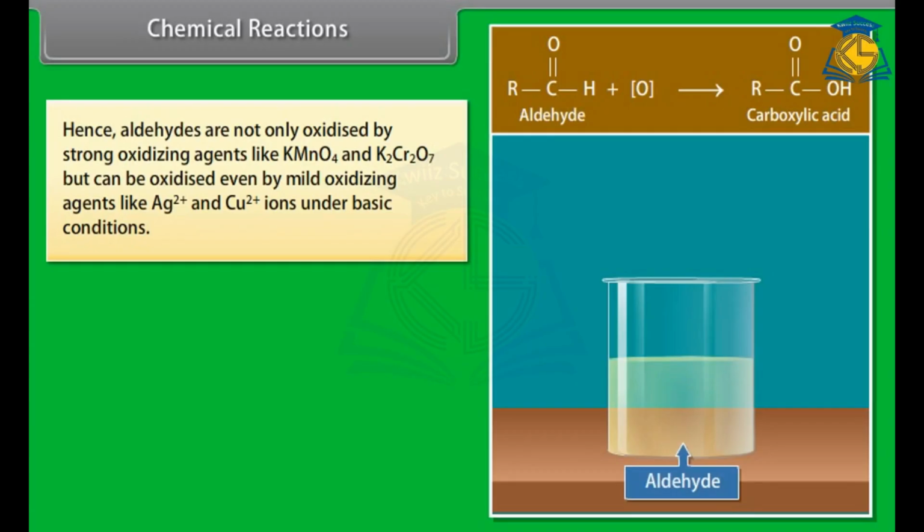Hence, aldehydes are not only oxidized by strong oxidizing agents like potassium permanganate and potassium dichromate, but can be oxidized even by mild oxidizing agents like Ag+ and Cu2+ ions under basic conditions.